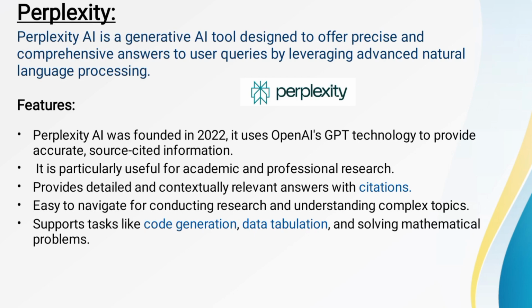An additional feature is that it provides source citations too. It is particularly useful for academic and professional research, providing detailed and contextually relevant answers with citations. It is easy to navigate for conducting research and understanding complex topics. It supports tasks like code generation, data tabulation, and solving complex mathematical problems.